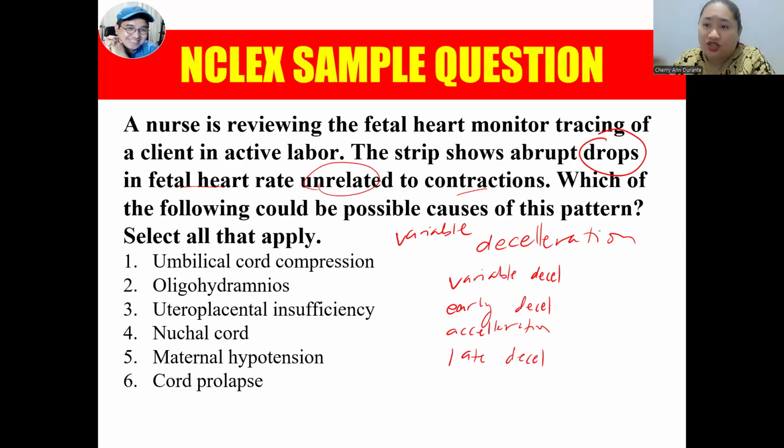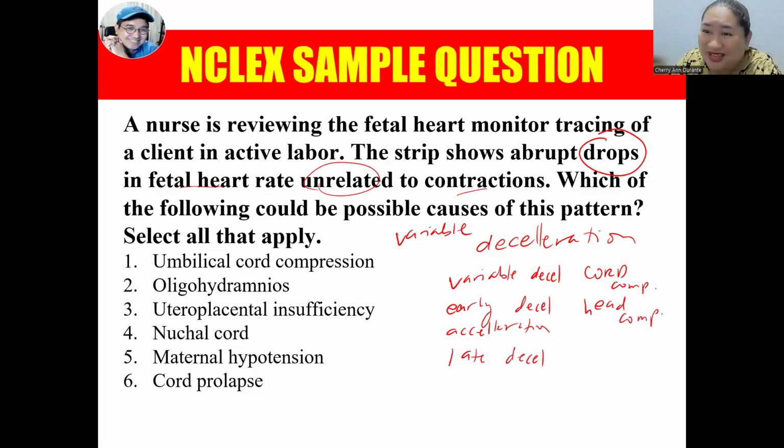And you have your CHOP as what it meant. Variable deceleration is usually associated with cord compression.